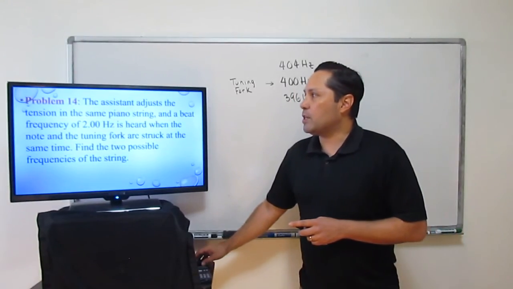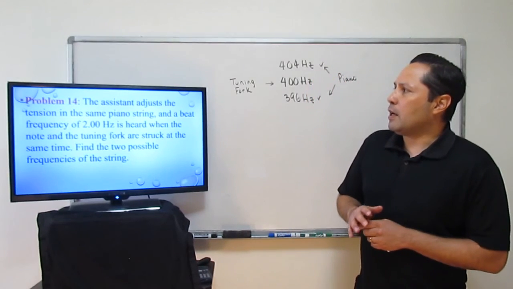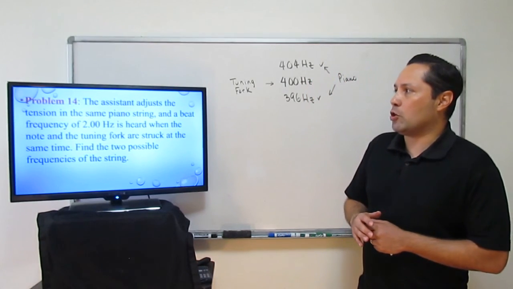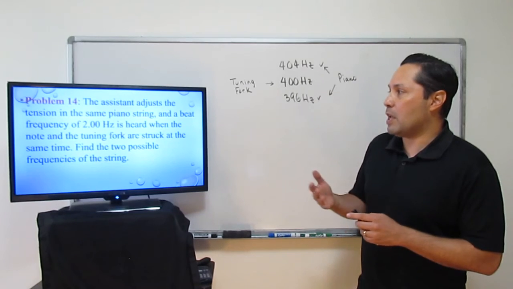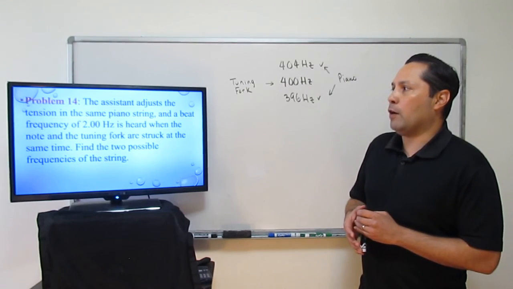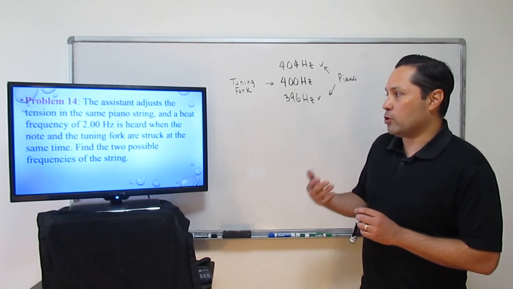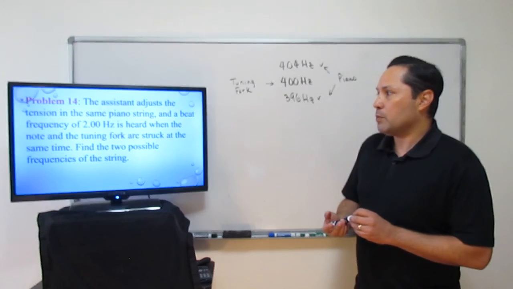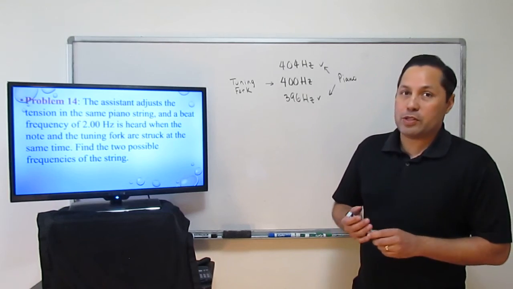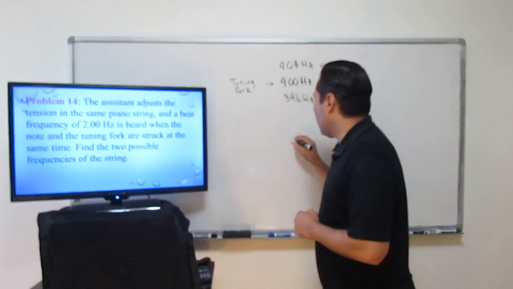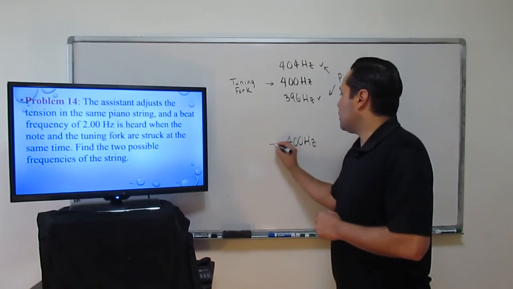In problem 14, it says the assistant adjusts the tension in the same piano strings, and a beat frequency of 2 hertz is heard when the note and the tuning fork are struck at the same time. Find the two possible frequencies. Again, it's the same piano, and this is our tuning fork.